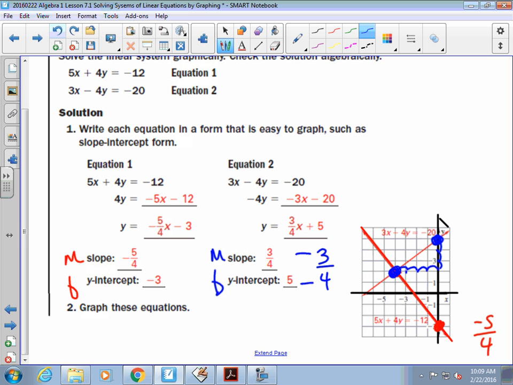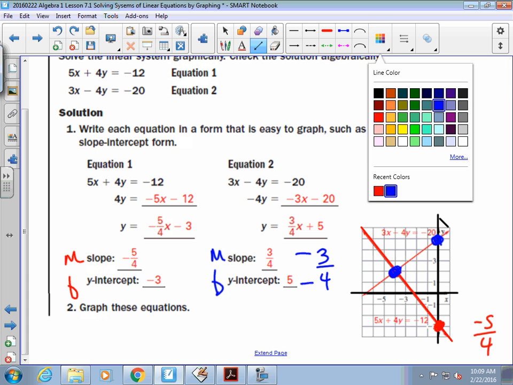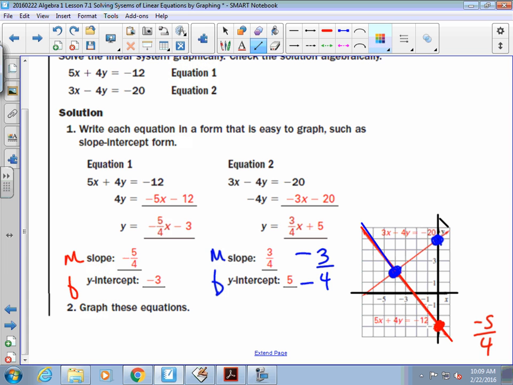Again, that's the same spot as it was a second ago. Once you have those two points, you can draw yourself a straight line through them. Again, we'll do it with blue to distinguish the two. And we could see both of our equations going through.